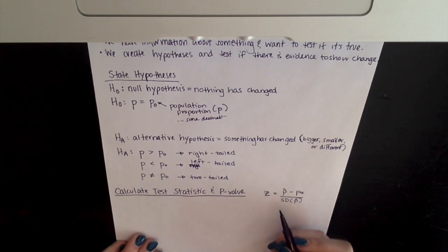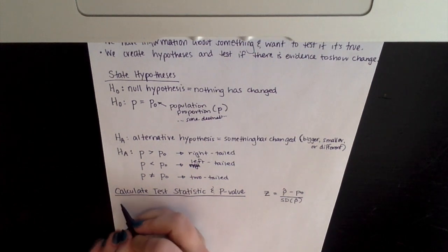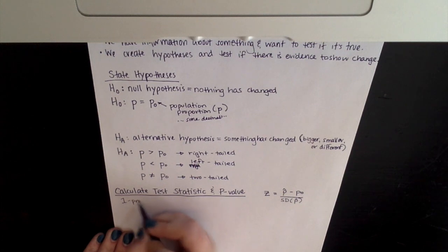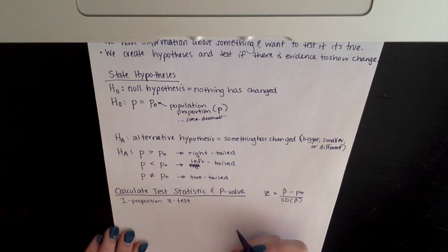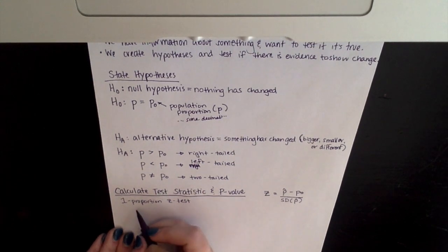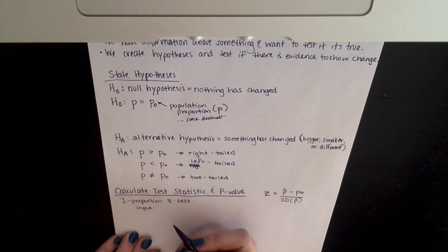However, we use our calculator to find this answer, okay? So what happens is we do something that's referred to as a one proportion, or one prop, z-test in your calculator, okay? And we give our calculator the input of, just like for a confidence interval, we needed to put in x and n.